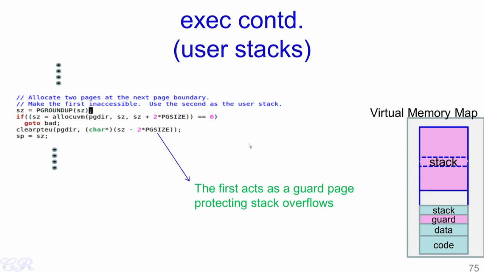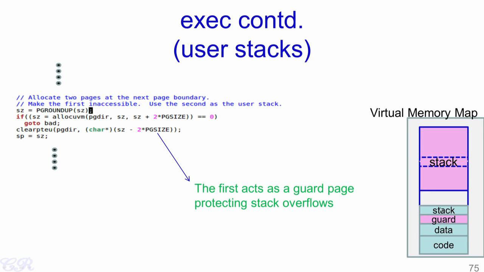The next step in the exec implementation is to create the stack for the user process. This stack, as opposed to the kernel stack, is used by the code for storing of local variables as well as for function calls. In order to create the stack, the exec implementation allocates two contiguous pages.